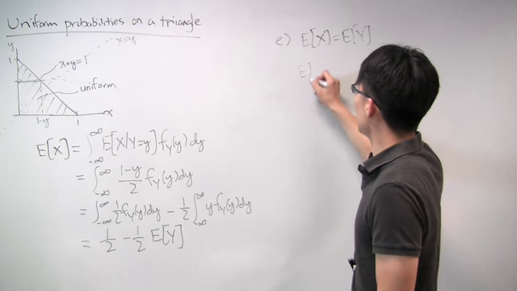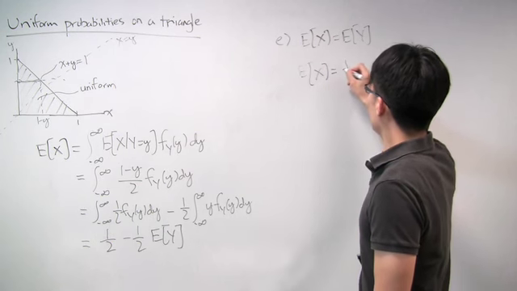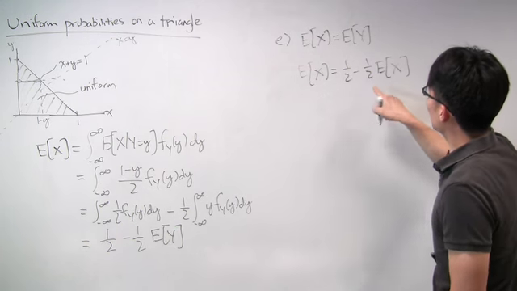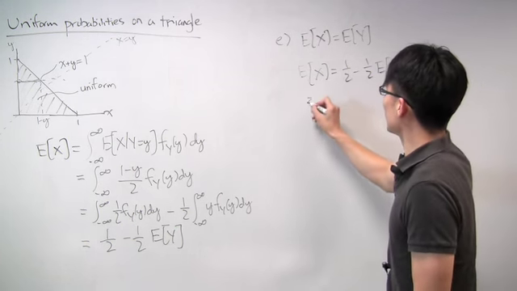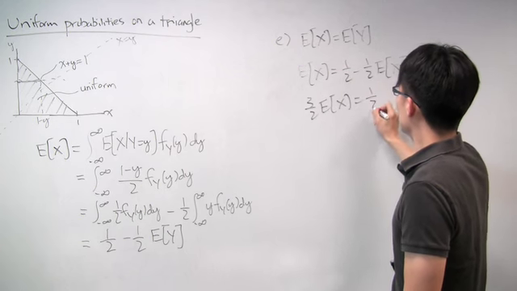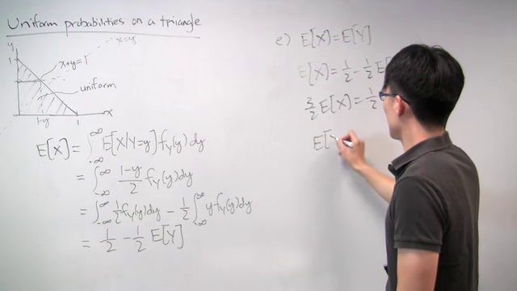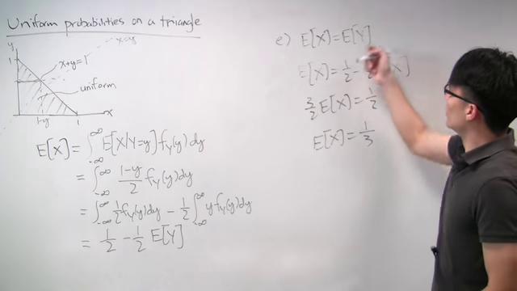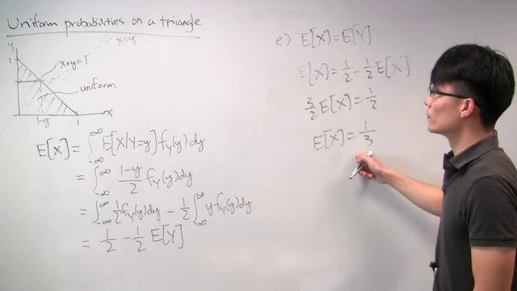So expectation of x is 1/2 minus 1/2 expectation of x. And so we have 3/2 expectation of x equals 1/2. So expectation of x equals 1/3. And of course, expectation of y is also 1/3.